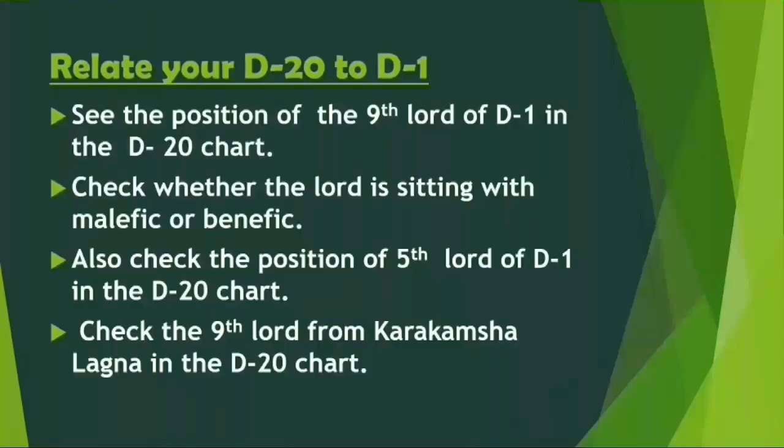So you have to see the first lord, the 5th lord, and the 9th lord of the D1 chart. Identify the 1st, the 5th, and the 9th lord of the D1 chart and look out for their position in the D20 chart. Where are they sitting? Are they in an enemy sign or a friendly sign? Are they exalted or debilitated? So you have to consider all these factors.